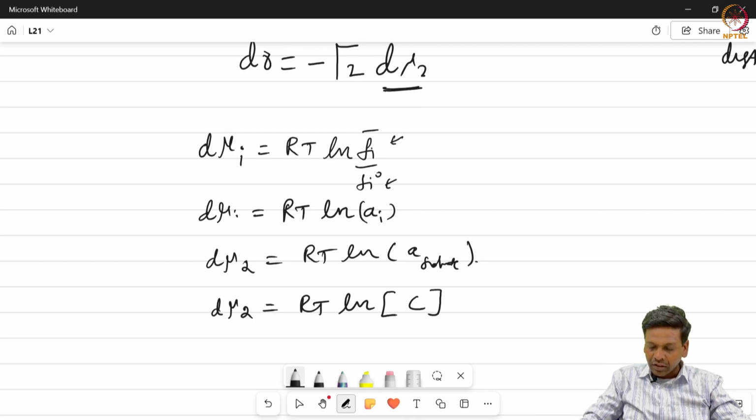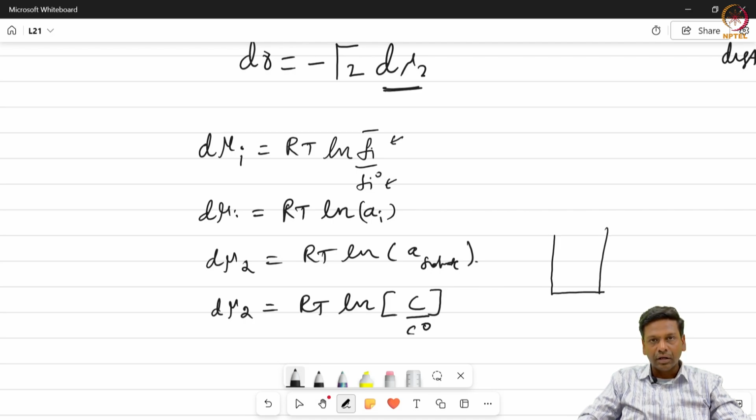Remember, whenever you substitute a concentration value, it has to be normalized with respect to some reference state. If it is not given, you can assume it as 1. Or you should always normalize the concentration with some standard reference state, that is C by C naught.